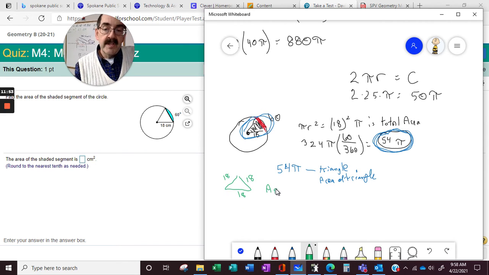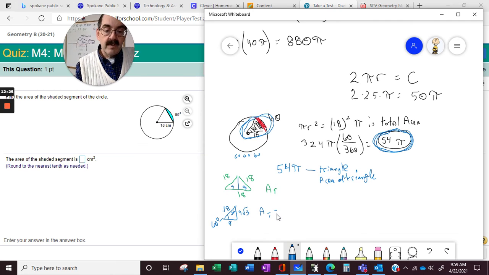I'm going to drop this down, which makes that a 9 and that a 9. Equilateral means 60, 60, 60. We cut it in half. We'll have a 9 and an 18. And that's a 30-degree angle. That's a 60-degree angle, which makes this 9 radical 3.